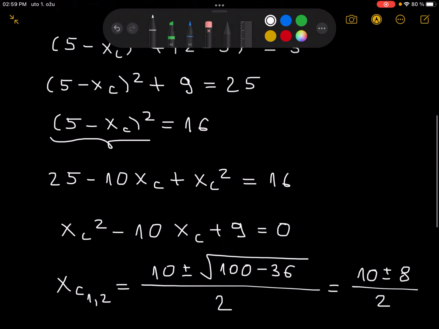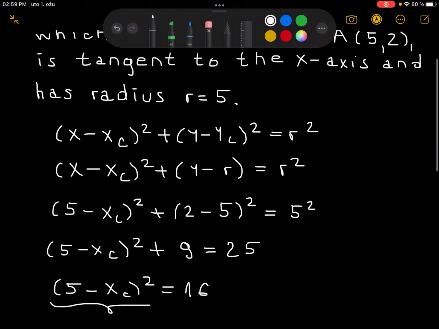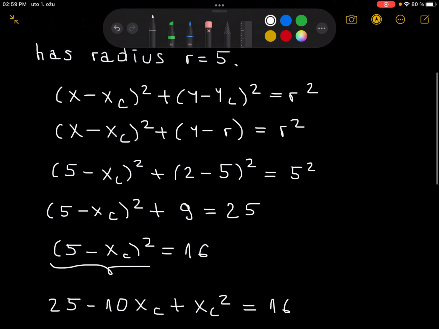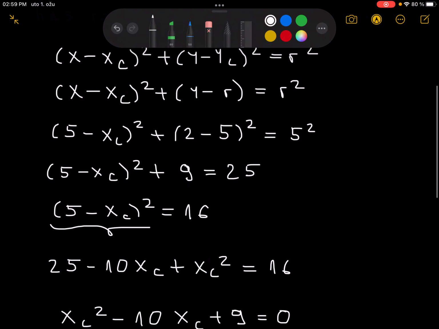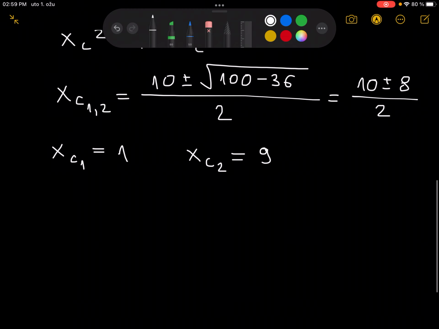So once we know that, we can actually just plug this into our original equation. So instead of xc, we'll write either 1 or 9. Instead of yc, we'll just put in r, and on the right hand side we'll get r squared, which is 25.